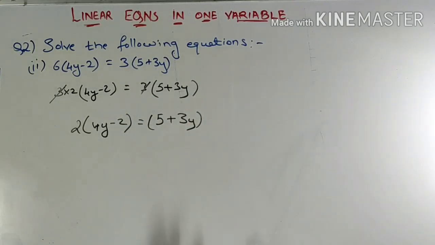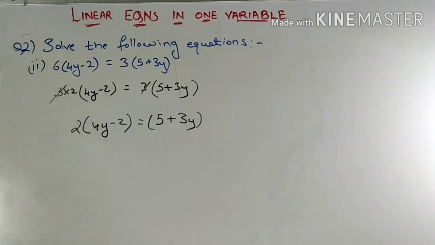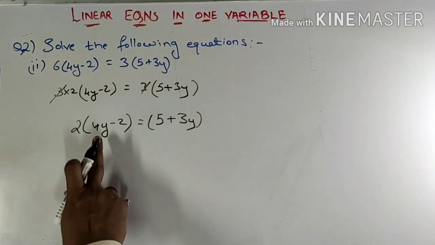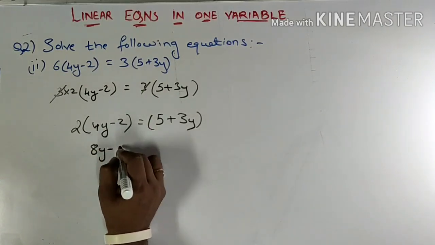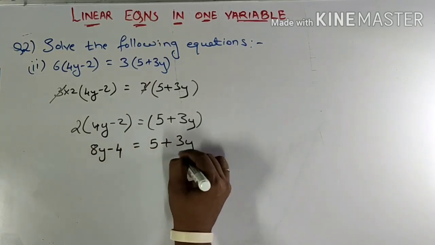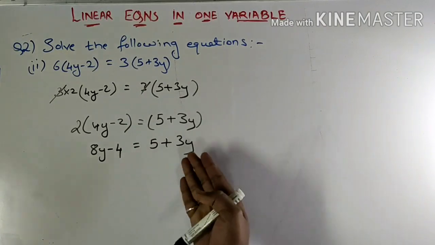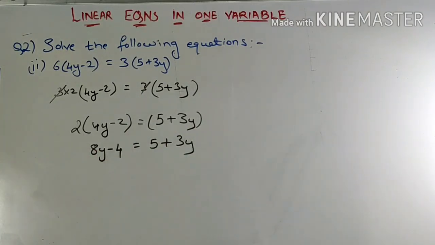Let us keep this also in bracket meanwhile. Now opening this bracket, because I can't do anything until I open this bracket. 2 4s are 8. 8y minus 4 is equal to 5 plus 3y. Now your first task is to bring all the unknown terms on one side and known terms or known values on the other side.